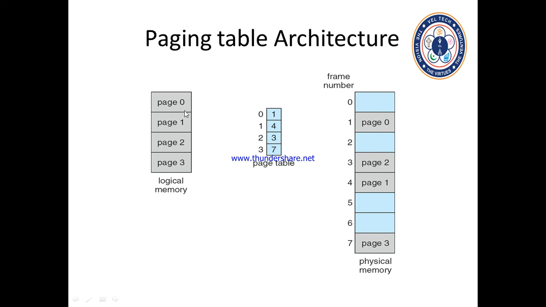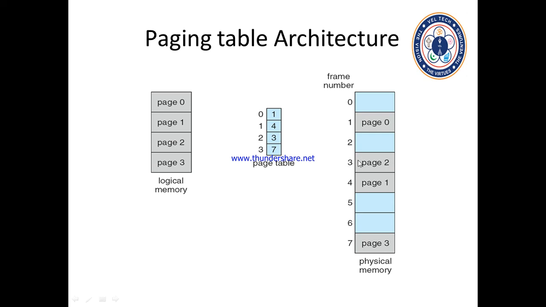See here, page 0 is located in which frame? Frame number 1. So the entry is 1. Page 1 is located in which frame? Frame number 4. So here we are updating the record in the page table as 4. And page 2 is located in which frame? Frame number 3.